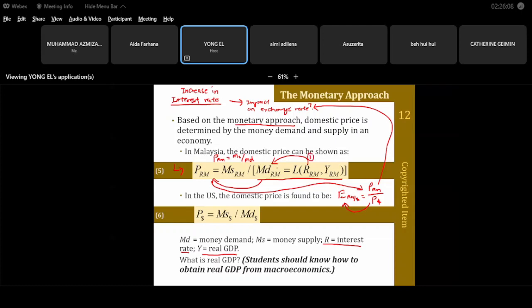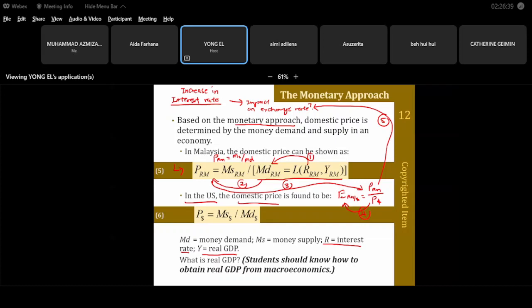Okay, 1, and then this is 2, and then this is 3, and then this is 4. And then we can answer question number 5. Right? This happens in Malaysia. In the US, the domestic price, we price the same way to understand how money supply and demand can affect the price level in the United States.